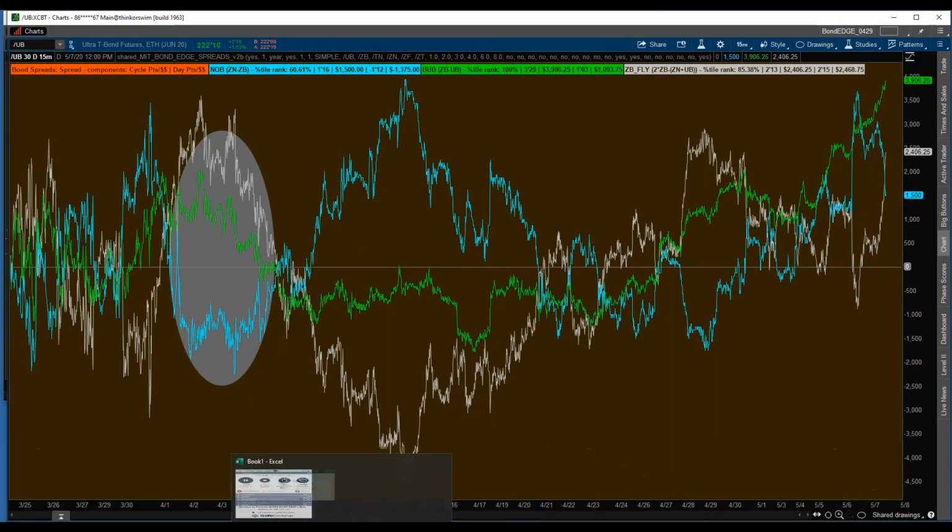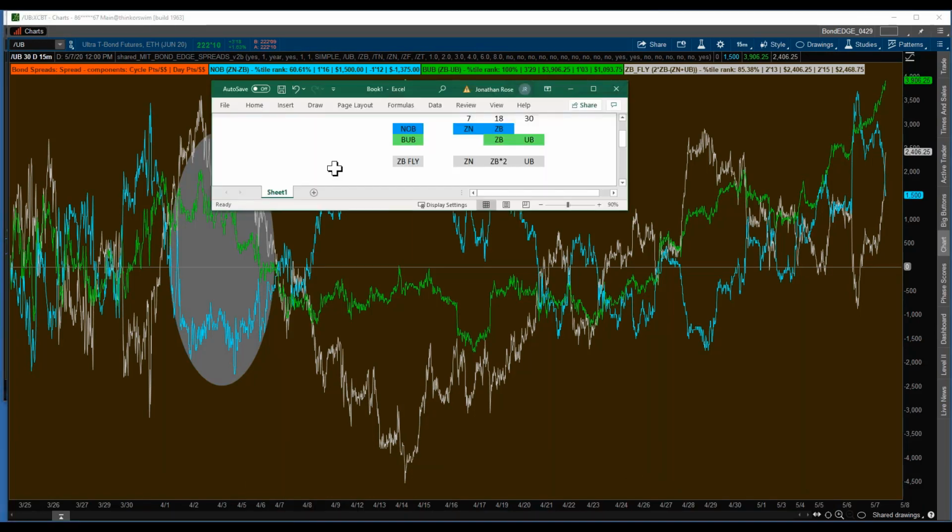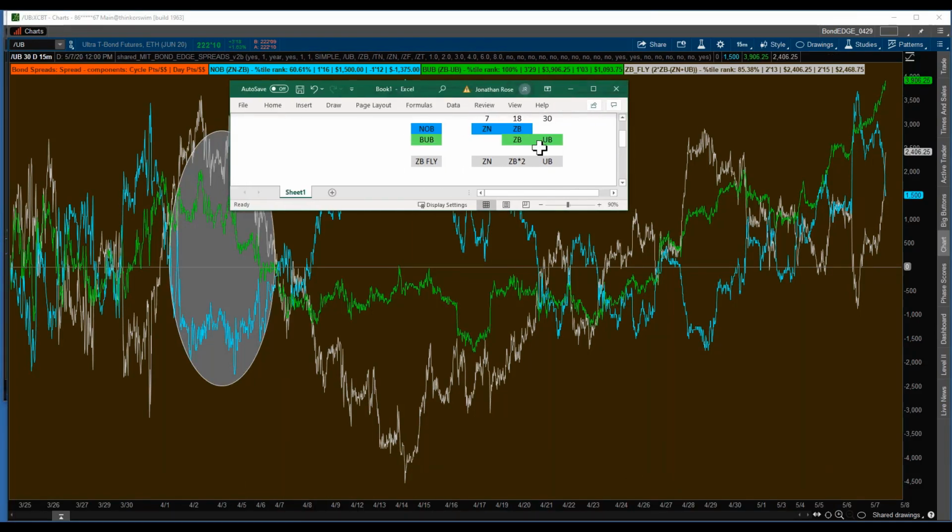So when the bond sells off, what's going to happen? Well, if we're long ZN and we're short ZB, the knob is going to rally. Okay? What about the bub? Since you're short ZB, the bub is going to fall.